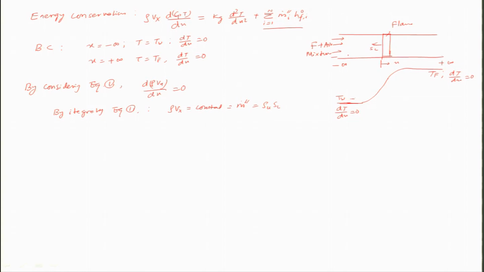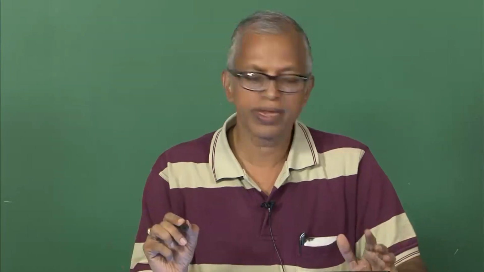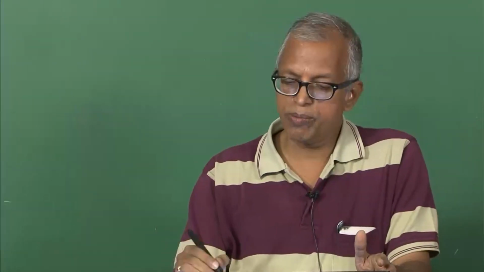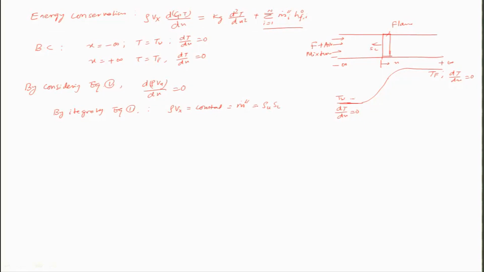Are you getting? Then that is nothing but rho U SL. We will be using this later on. Let us say this is equation 6, and this will be 7. And let us look at the momentum equation.